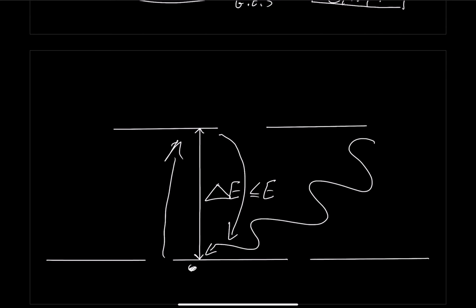And as it does that, it emits a specific color, a wavelength of light, and that's the part of the color that you see, part of the complementary color.